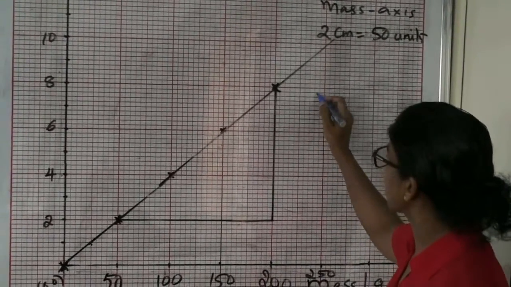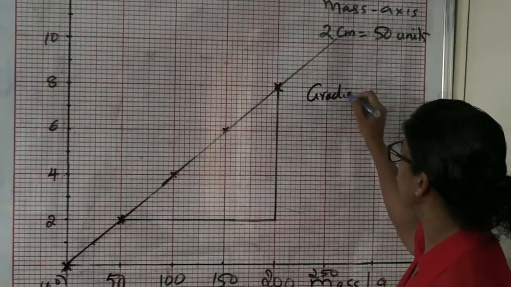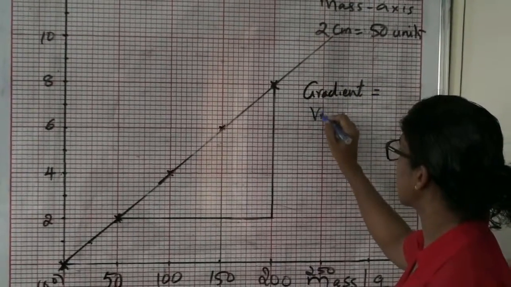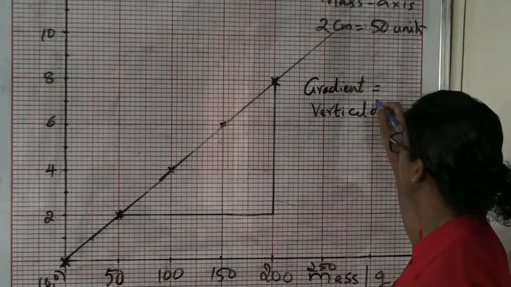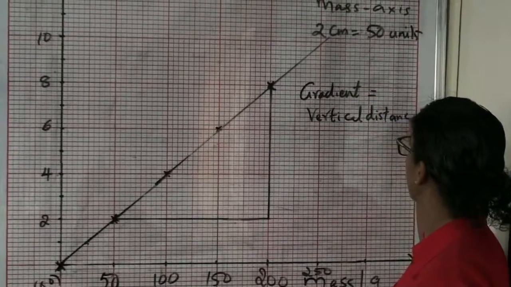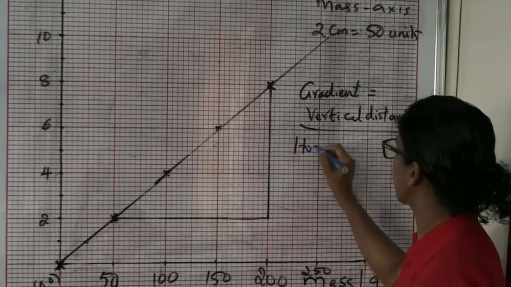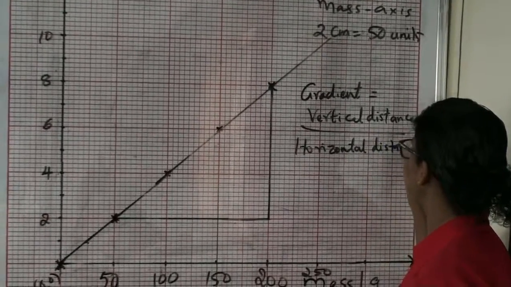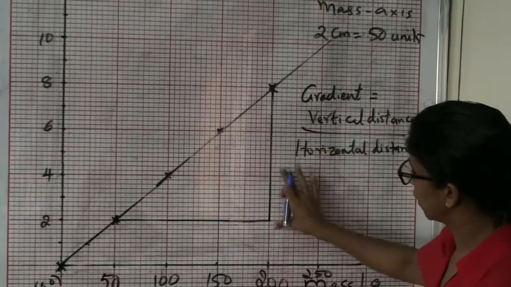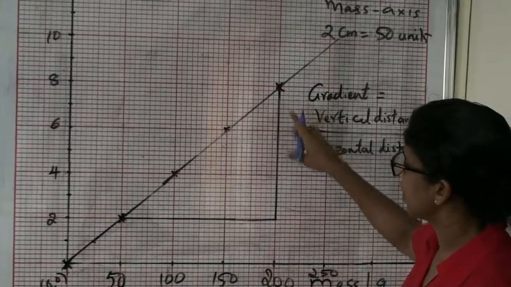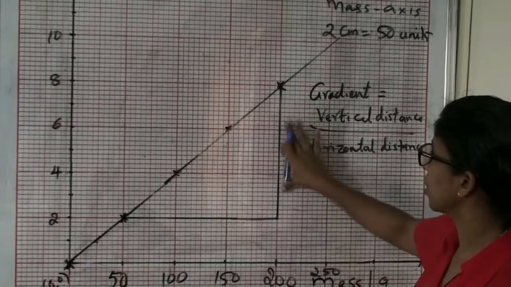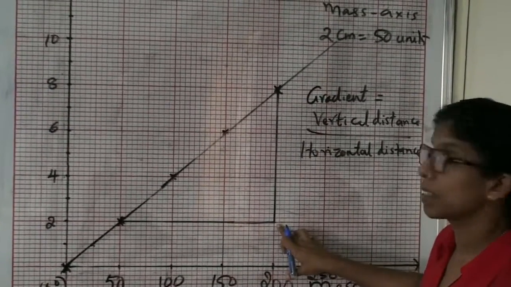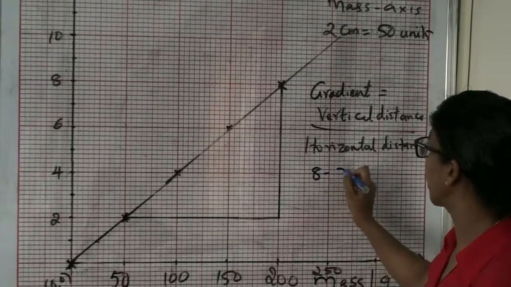The gradient formula is to find the vertical distance and then divide it by the horizontal distance. Look at the vertical distance. This point is 8, this point is 2, so the distance is 8 minus 2.